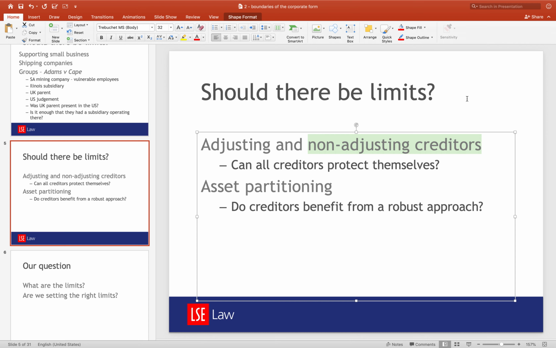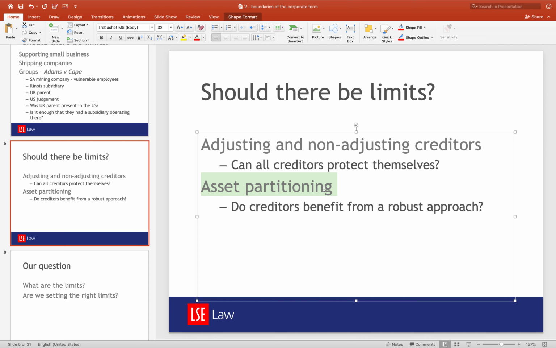There is a point, though, on asset partitioning, and that says limited liability also benefits creditors. From the perspective of the South African miner, Mr. Adams, his claim is against the South African subsidiary, and in relation to that subsidiary, he has priority as a creditor over creditors of other members within the group.